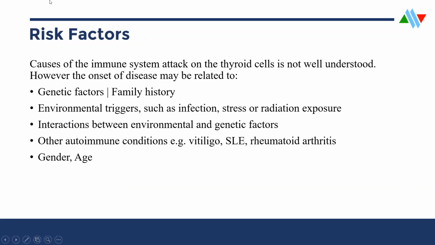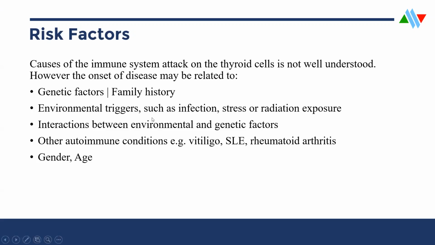So in terms of risk factors, who can be affected by this condition? As we've already seen, things like gender, women are mostly prone. Then people around the age of 45 and above, so age is also a risk factor. But also if there's a family history of Hashimoto, then the offspring are predisposed, or people within the same family.